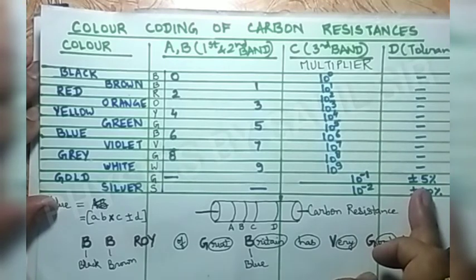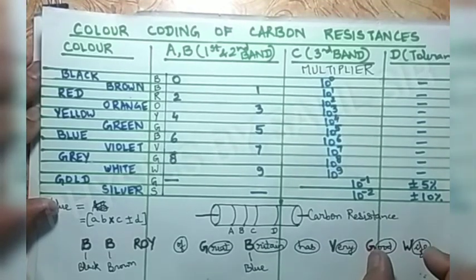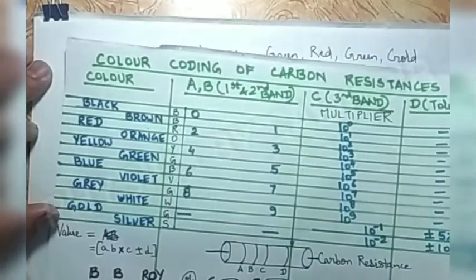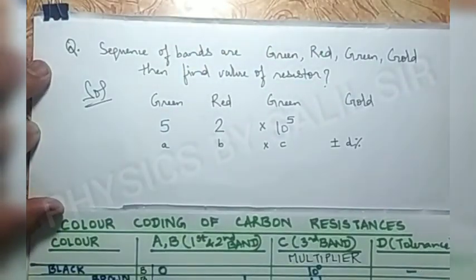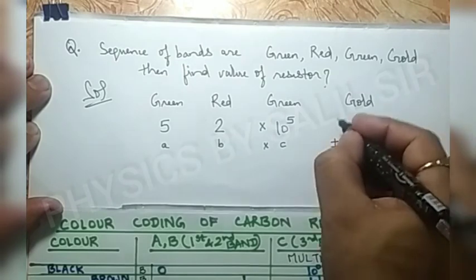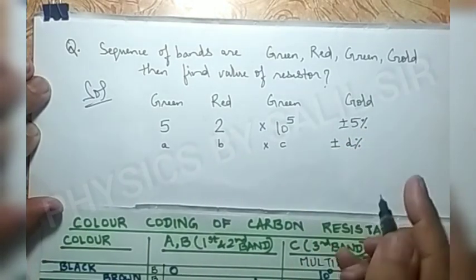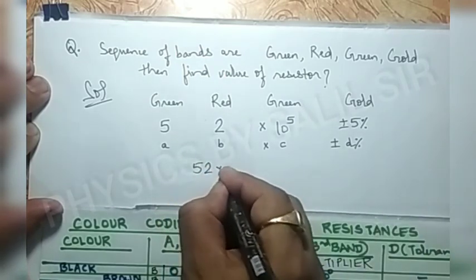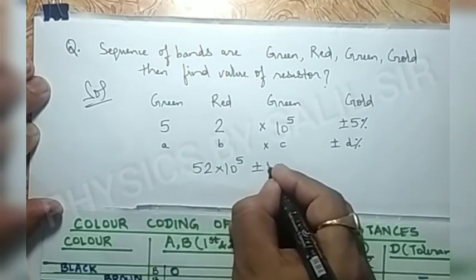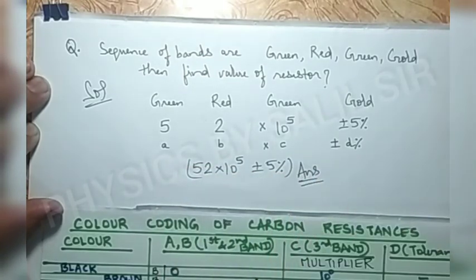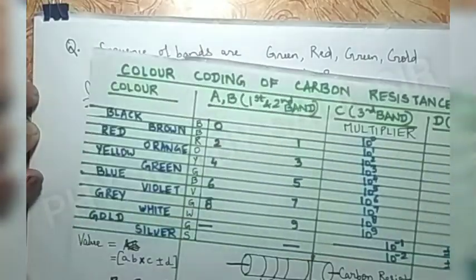It will be plus minus 5%. In this way, we will get 52 into 10 to the power 5 plus minus 5% as the value of the resistor.